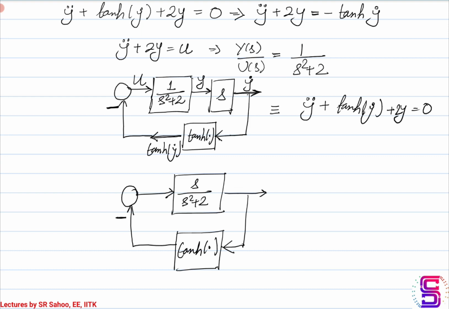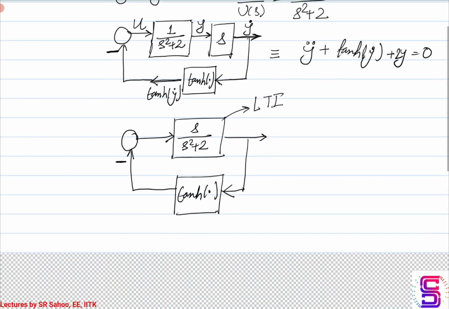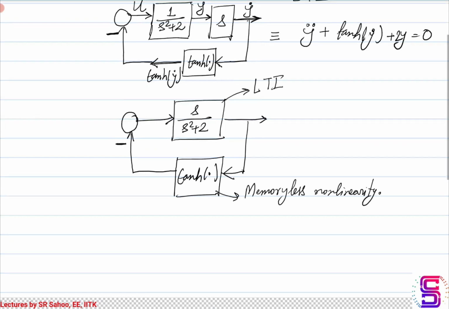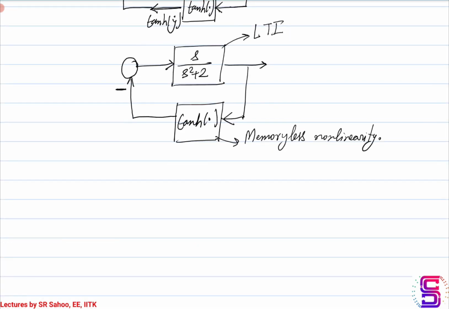So this is the system, where this is an LTI system in feedback with a memoryless nonlinearity. Okay, so what is a memoryless system? Memoryless systems are systems where the output of the system depends only on the current input. It does not depend on any past behavior of the system.